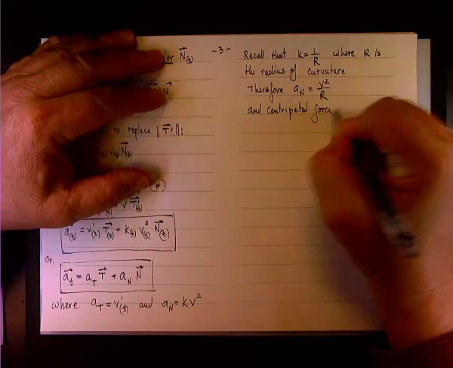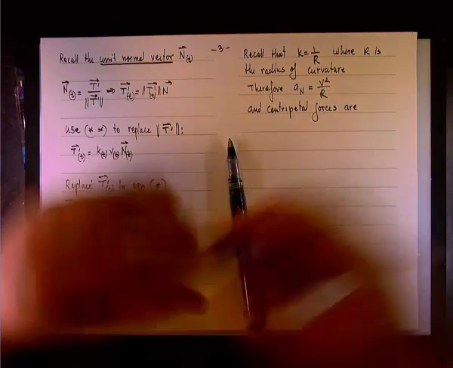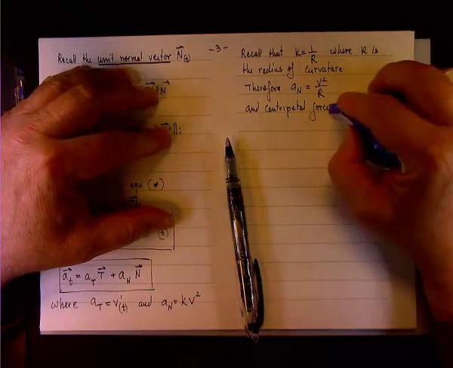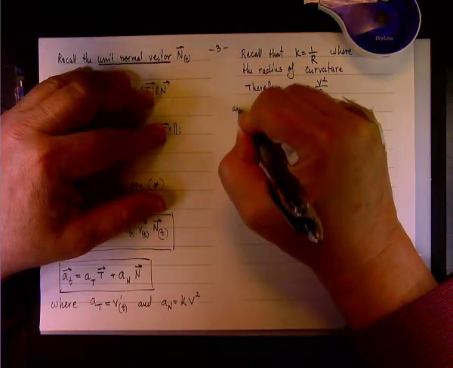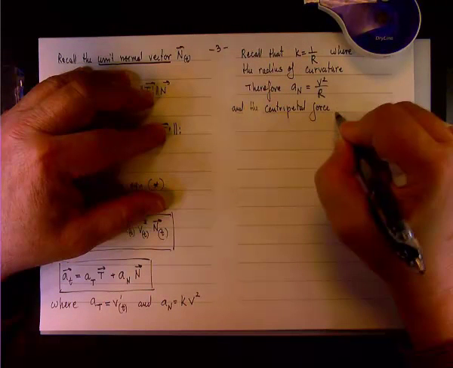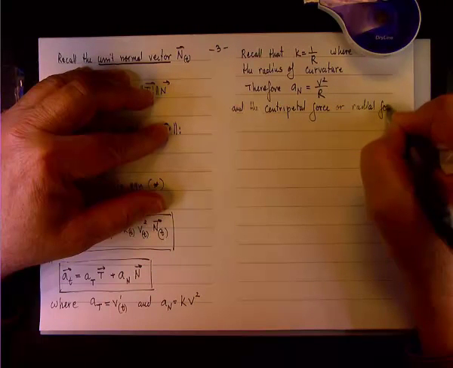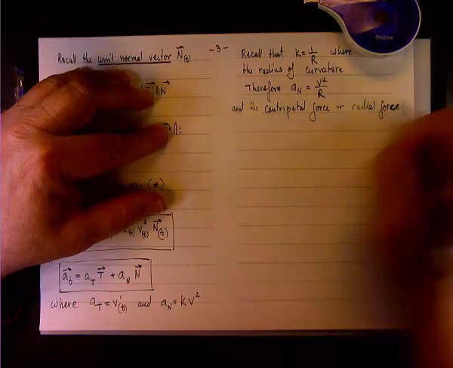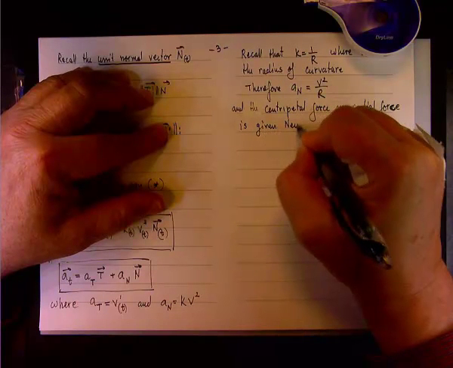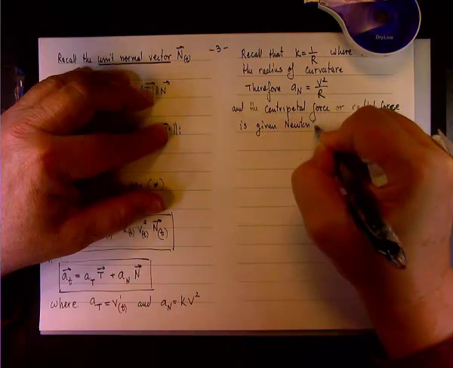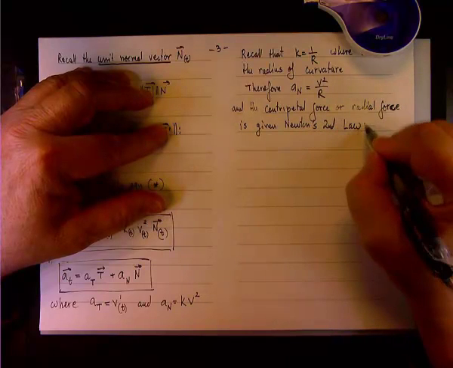Recall that k equals 1 over r, where r is the radius of curvature. Therefore, the normal component is v squared divided by r.